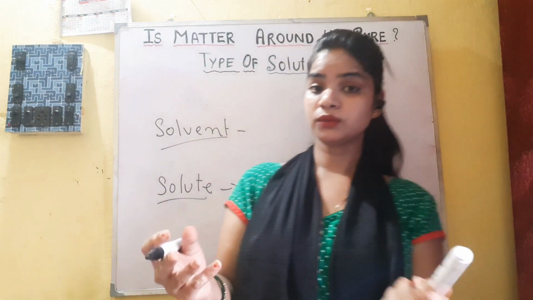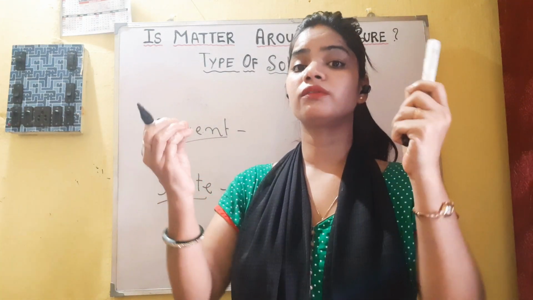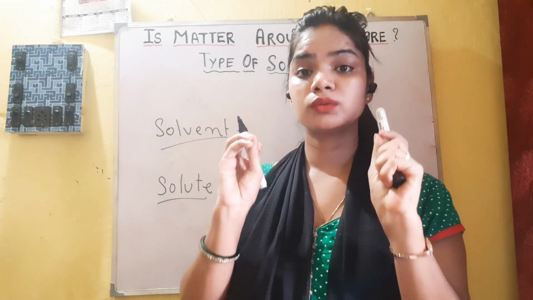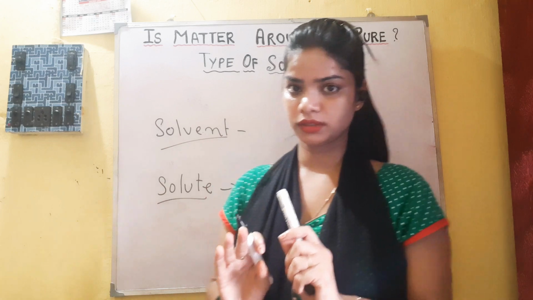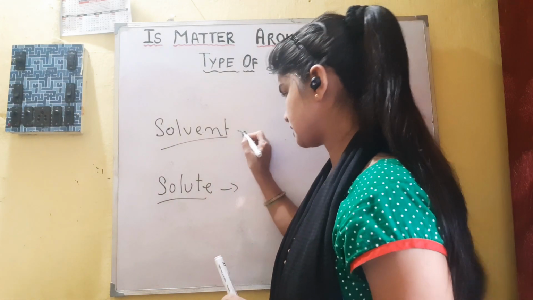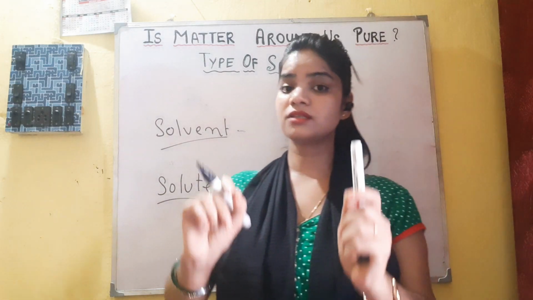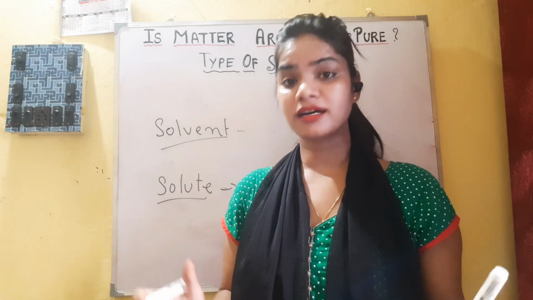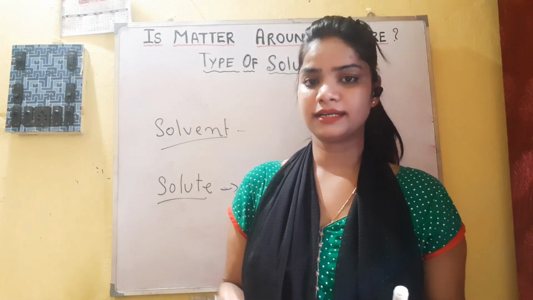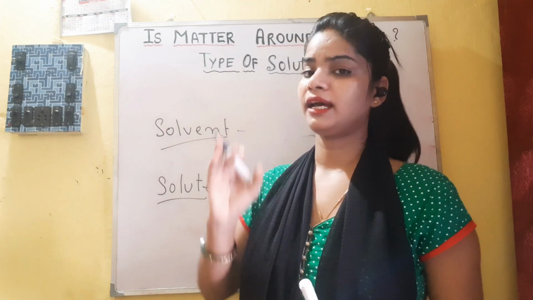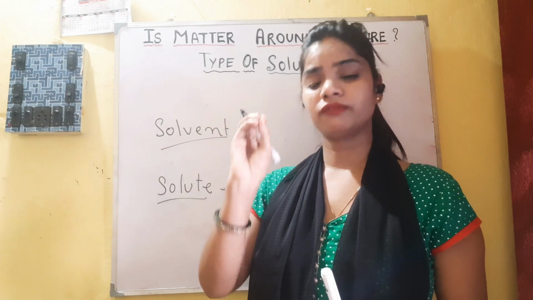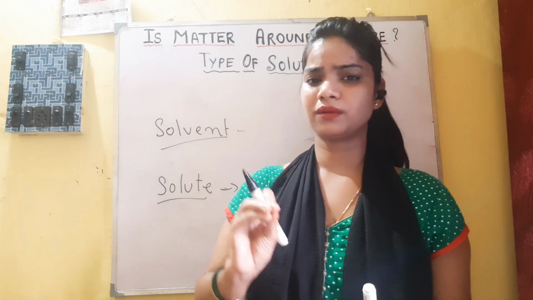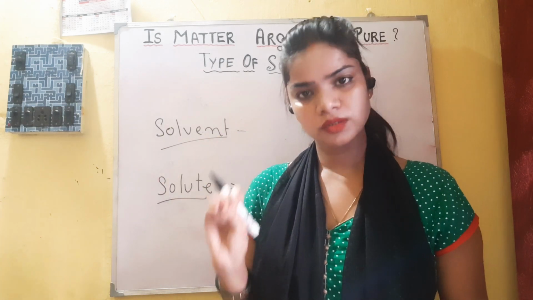As we know, we require two substances to make any solution. The substance which is required in large amount will be called solvent, and the substance which is required in less amount will be called solute.